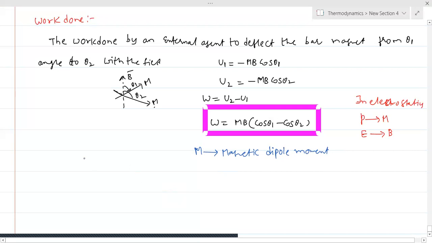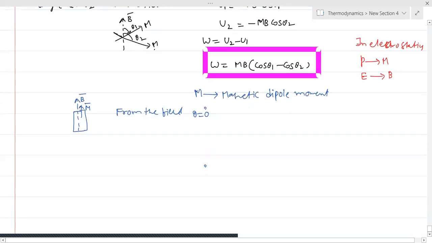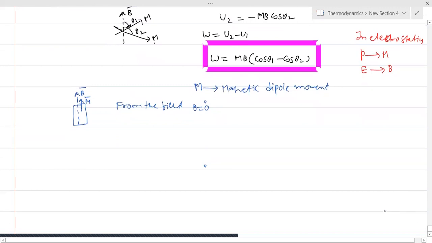Here we need to understand something. For example, if this is the magnetic field, initially the bar magnet is along the magnetic field. From now onwards it is deviated. They say it as: if the magnet is deviated from the field. So from the field means theta is 0. These keywords are useful for the problems. If the magnet is deviated from the field, theta is 0. Suppose this is the B bar, this is the magnetic field and this is the bar magnet M bar.